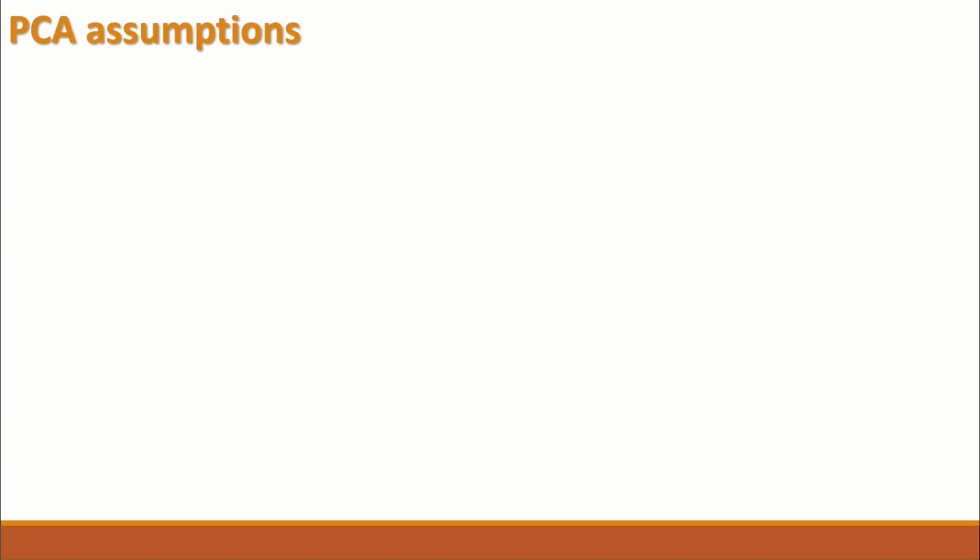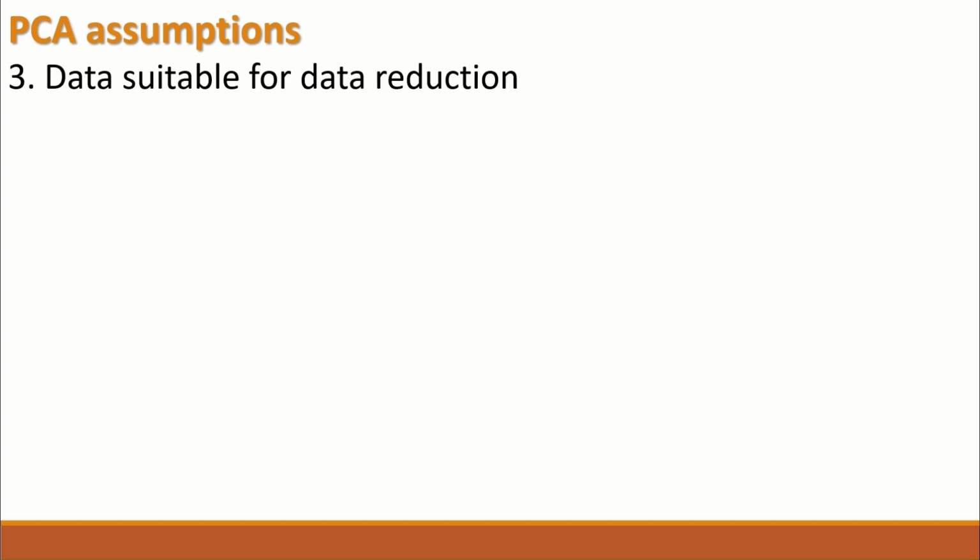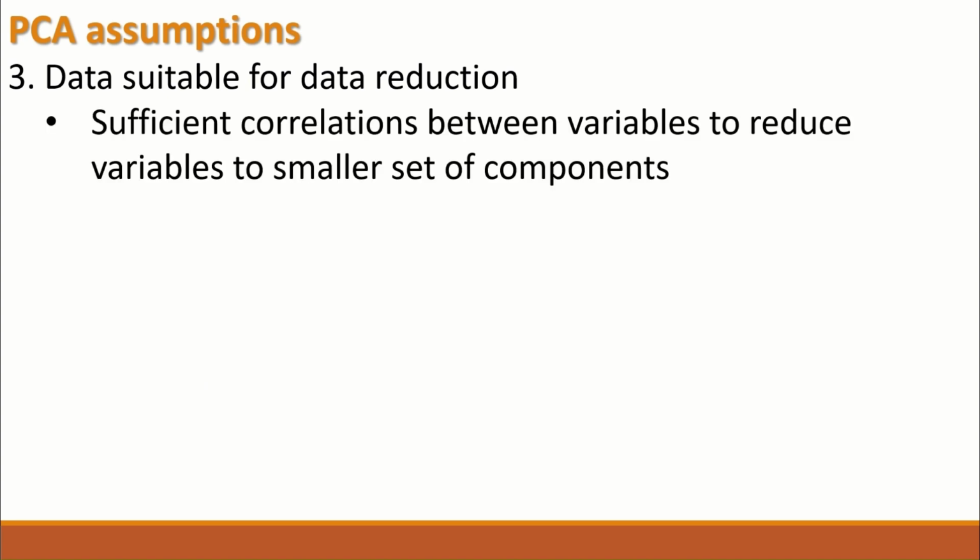The third assumption is that the data should be suitable for data reduction, with sufficient correlation between variables to reduce variables to a smaller set of components. Though there should be a correlation between items, that correlation has to be within certain values, from 0.3 to 0.8.